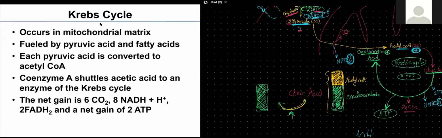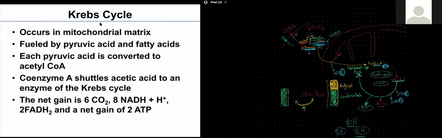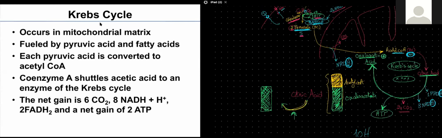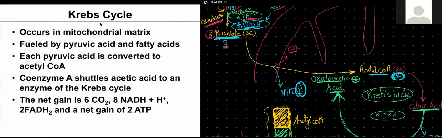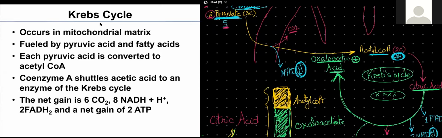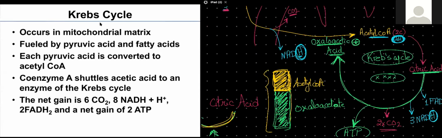I did transform each of the pyruvic acid, each of the pyruvate, into acetyl-CoA. So the acetyl-CoA inside of the inner membrane of the mitochondria are going to be passing through a cascade of chemical reactions called the Krebs cycle.